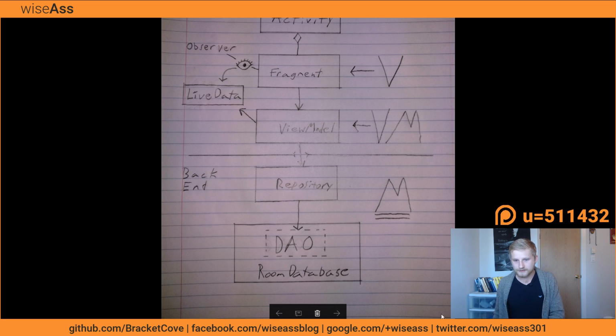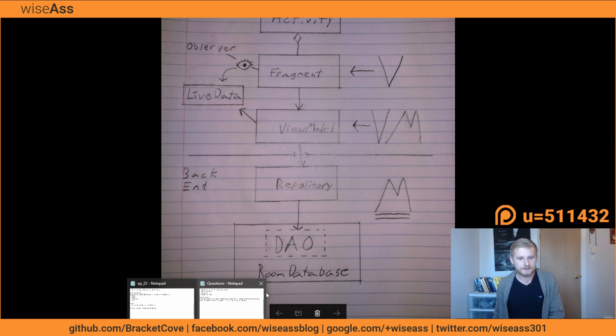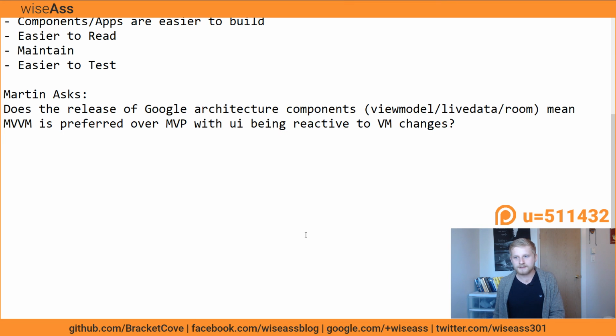Anyways, I just wanted to really quickly cover that if people are curious about Model View View Model. Now the question was, does Google recommending it as their architecture mean it's preferred? The difficulty here is that we've got Google, or the Android team I should say, throwing their weight behind a particular type of architecture.